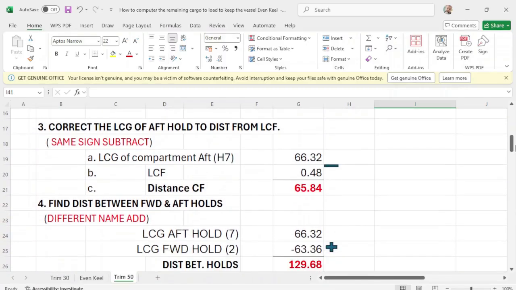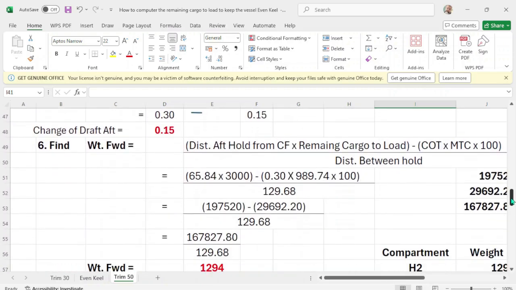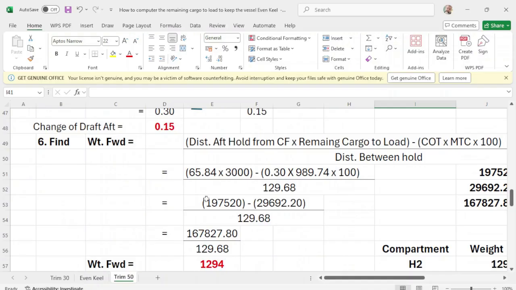From the LCG of hold number 7 to the LCF, your LCF is 48. So the distance to LCF is 6584. You put here 6584. Okay?